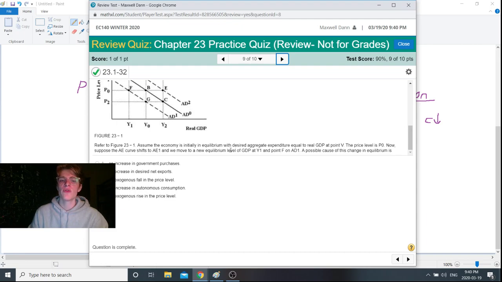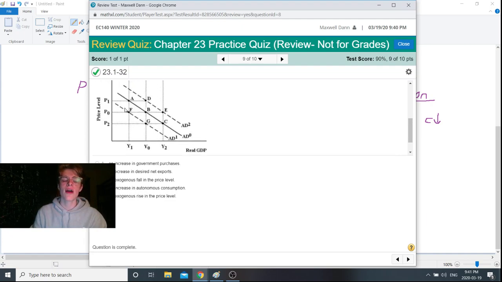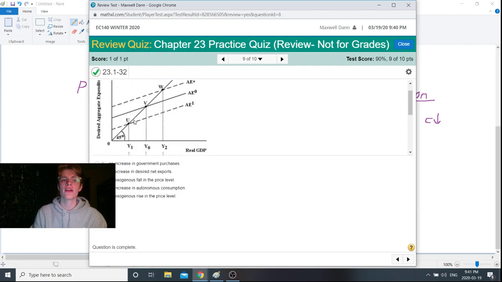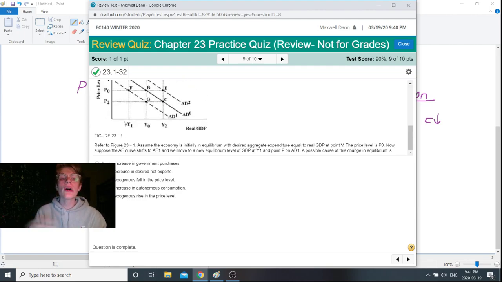And we move to a new equilibrium level of GDP at Y1, at point F on AD1. So notice we're on a new AD curve. What does that mean? That means it couldn't have been a change in price that caused this shift. Couldn't have been a change in price, because then we wouldn't shift curves. So right now we're at point F right here. So we notice that our AD curve shifted down, and it wasn't an increase in the price level.